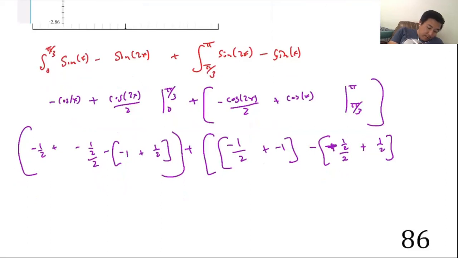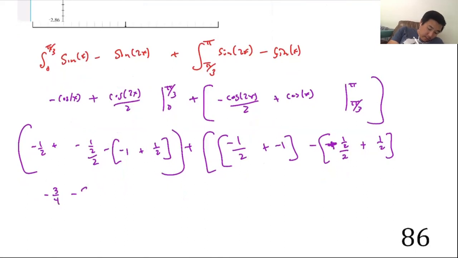That's negative 1/4, negative 3/4 minus, plus 1/2 plus negative 1/2, 3 over 2 minus 1/4 plus 3/4.